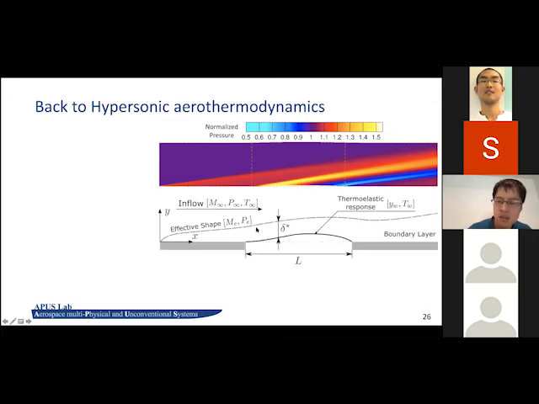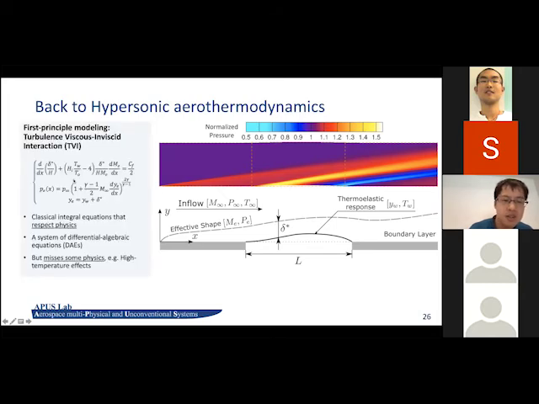If we think in terms of the boundary layer, then essentially we have the deformation in the middle, which is our input. And then we have a boundary layer that's growing over the surface, leading us to the effective shape. And outside the effective shape, we can consider the flow to be mostly inviscid.